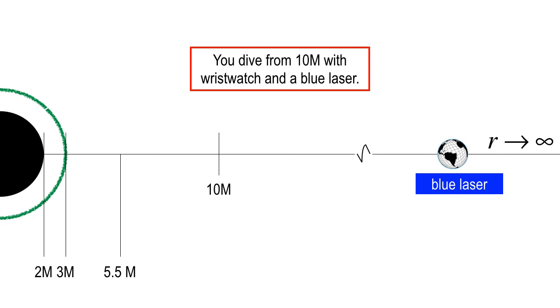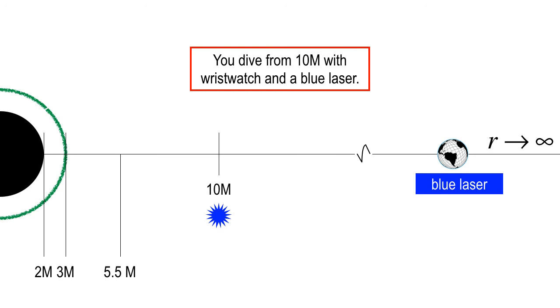And let's say that the blue laser that you're using was built on Earth, all right? And when you jump out of the spaceship at 10m, so let's say that the spaceship is hovering at 10m, okay? It's not going in, it's not going out, it's firing its rockets, it can hover there for a minute.